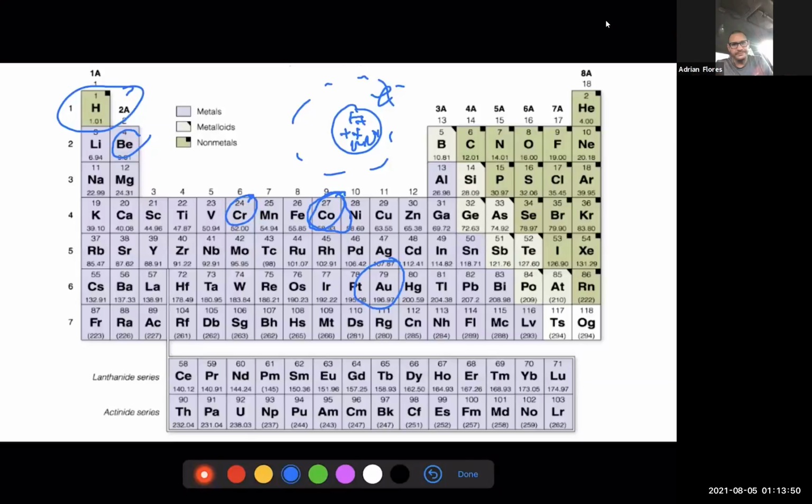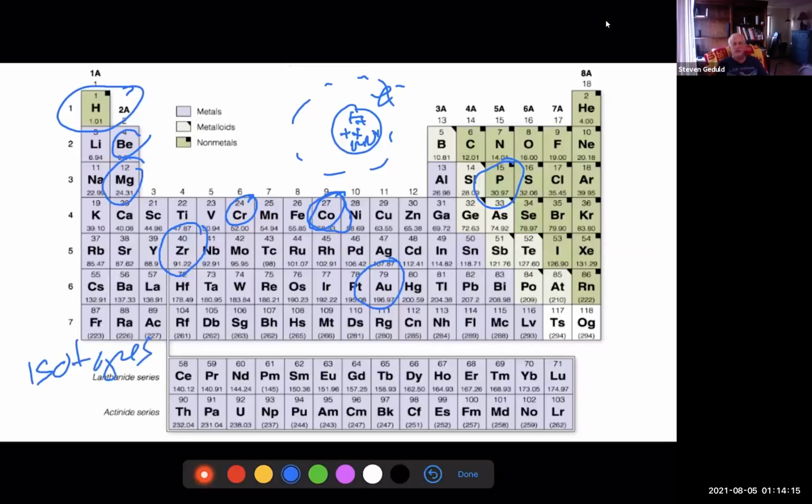But if you notice the number below it, like zirconium 91.22, magnesium 24.31, phosphorus 30.97, that number is not a whole number. It's an average weighted mass. We have to do the math to calculate that because we have things called isotopes.